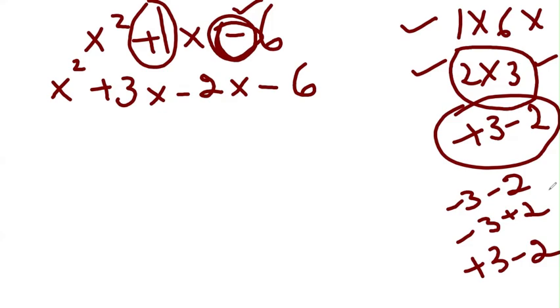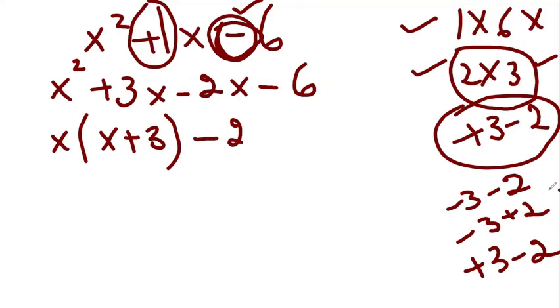Take common from the first two terms. X is common. What is left inside the bracket? X plus 3. Take common from the last two terms, minus 2x minus 6. What is common here? Common here is negative 2. What is left in the bracket? X plus 3.